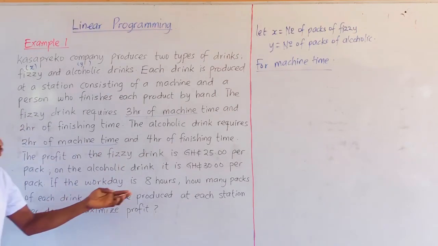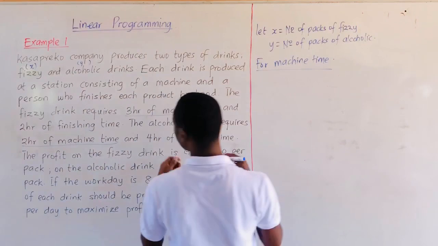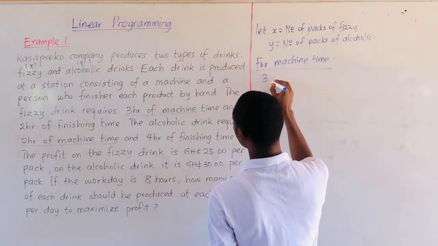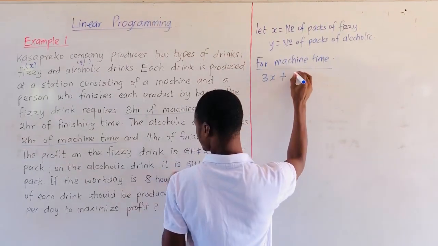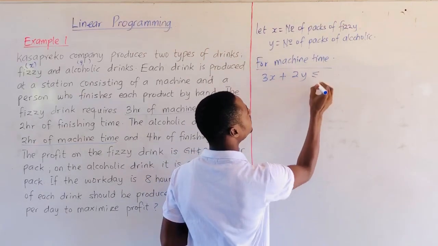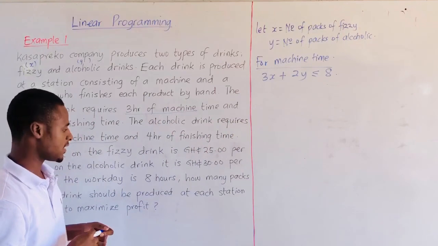And we have a total time of 8 hours per day. So for the machine time, we will have 3 hours for the fizzy drinks and then 2 hours for the alcoholic drinks. And that should be less than or equal to 8, the maximum number of hours we have.